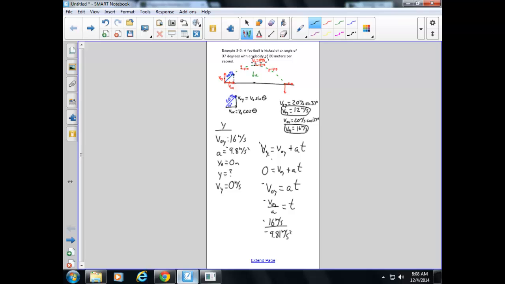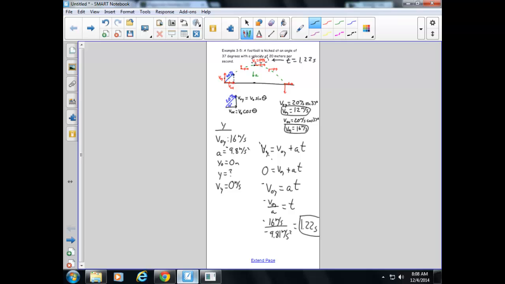Type that into my calculator really quickly, and I get a time of 1.22 seconds for the football to reach the top of its flight. In other words, time equals 1.22 seconds at the top. So we did that.